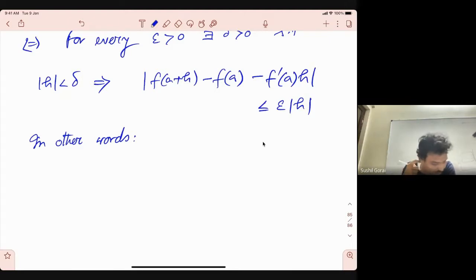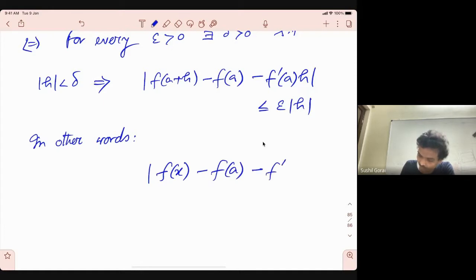We want to remove h. We want to write this f of x minus f of a minus f prime a times x minus a, right? So here mod x minus a less than delta implies this is less than epsilon times mod x minus a.